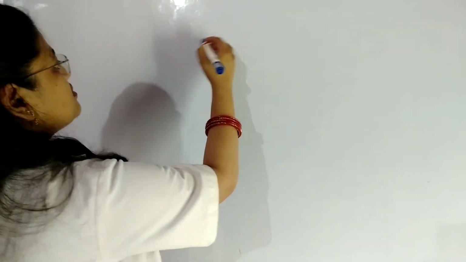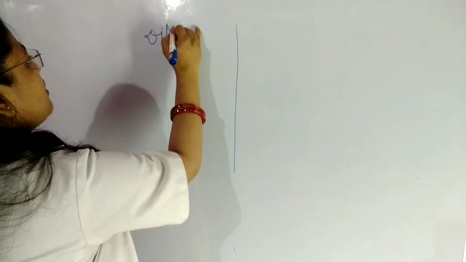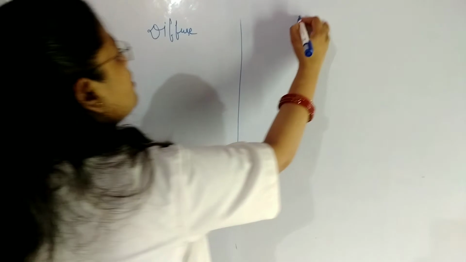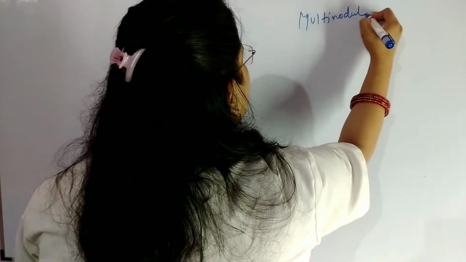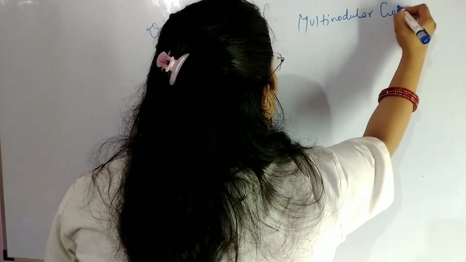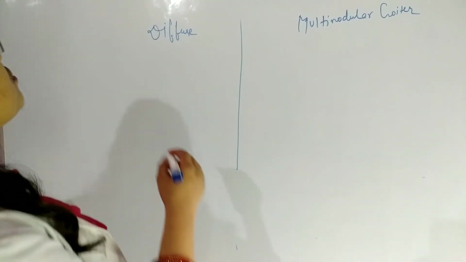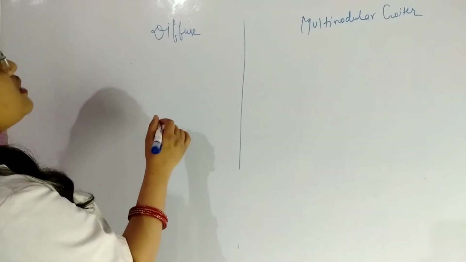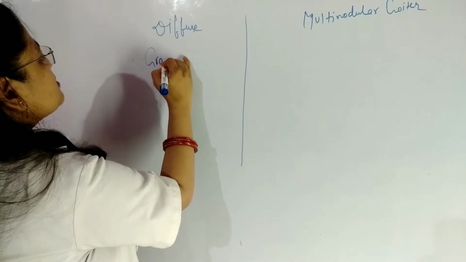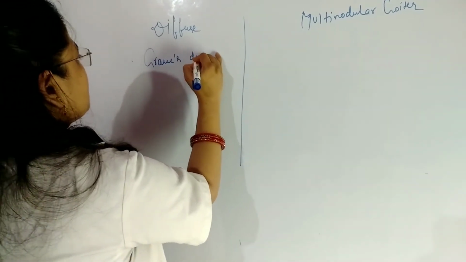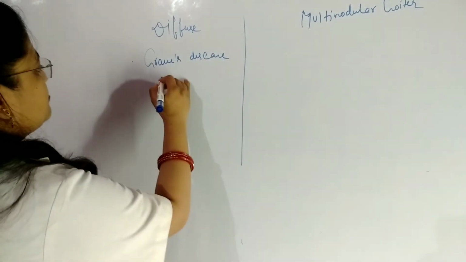Between diffuse and multinodular goiter: in diffuse goiter, the etiology is Graves' disease, thyroiditis.